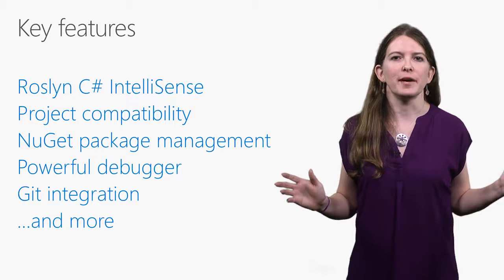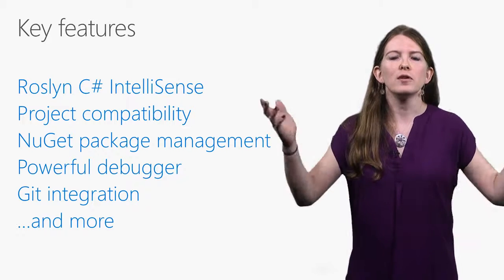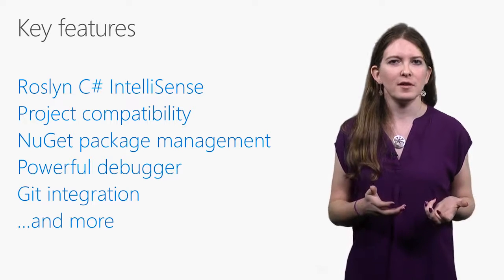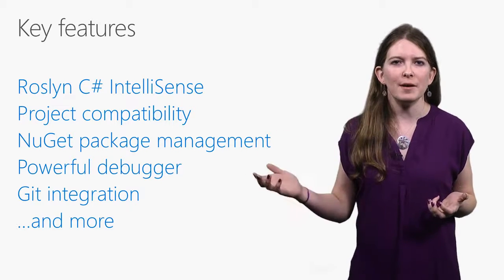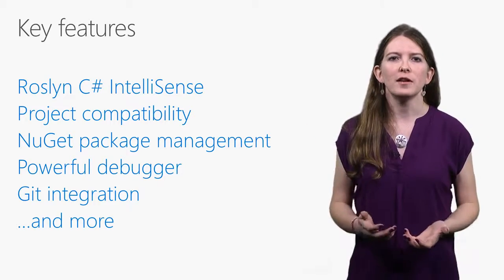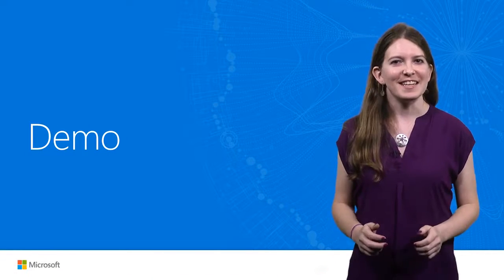Integrated NuGet package management gives you access to the universe of NuGet packages and components for use in your apps. There's a powerful debugger for Xamarin and for .NET Core. Integrated Git source control helps you manage your work. And there's much, much more. Let's jump right in and take a look.